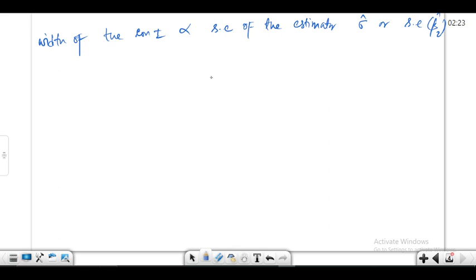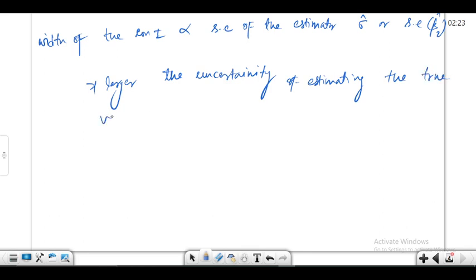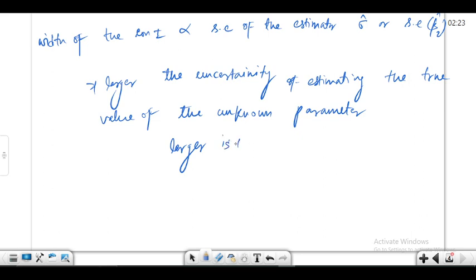Okay, right, so this implies the larger the uncertainty, so the larger the error or the standard deviation of estimating the true value of the unknown parameter, the larger is the confidence interval.